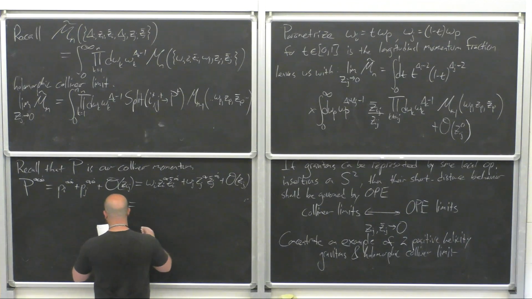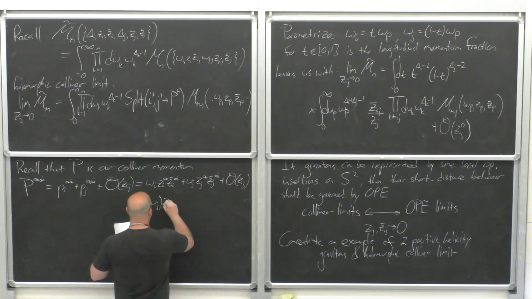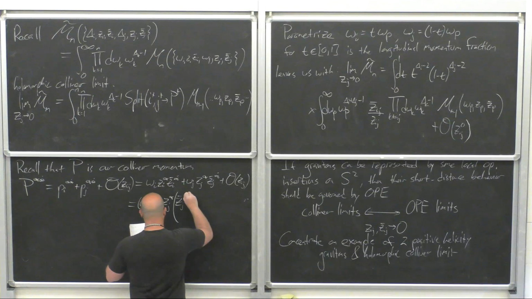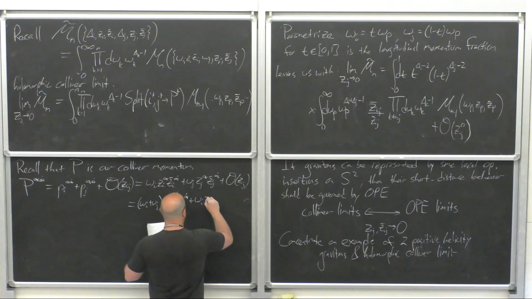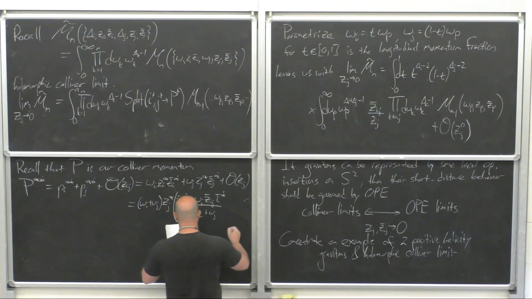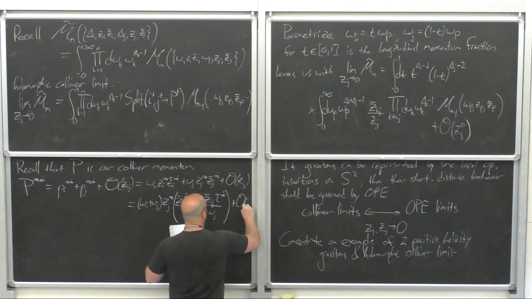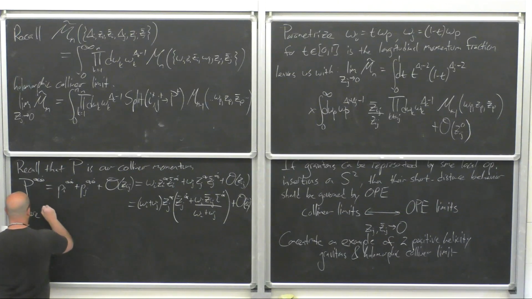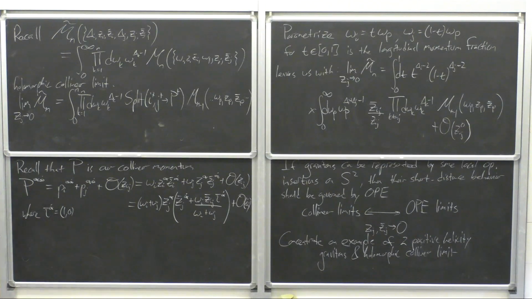This is just equal to omega i plus omega j, times z_j alpha, z bar j alpha dot plus omega i, z bar ij iota bar alpha dot over omega i plus omega j, plus order z_ij corrections, where I've chosen a constant 2-spinor iota bar alpha dot to do this decomposition here.